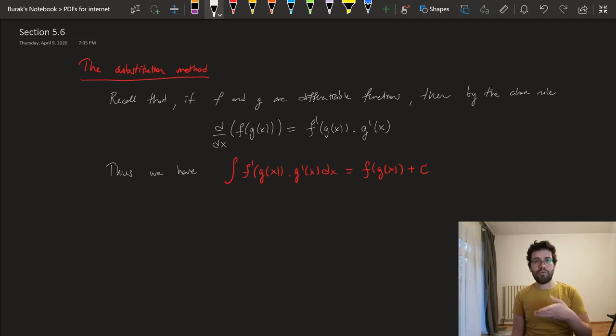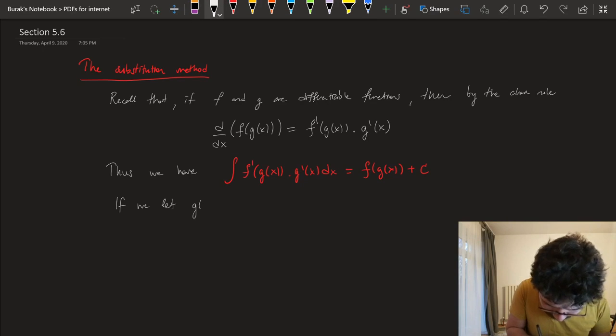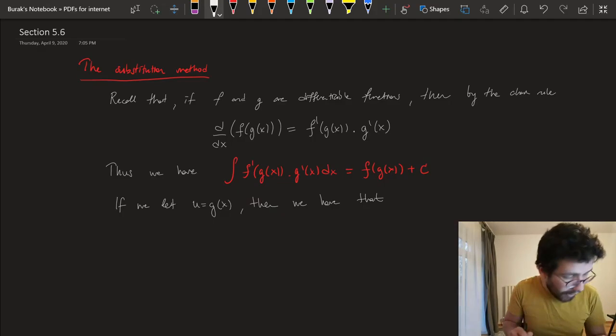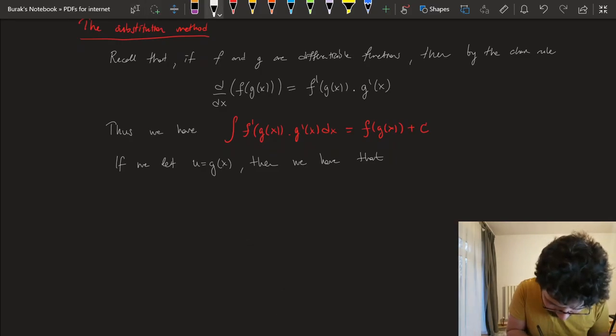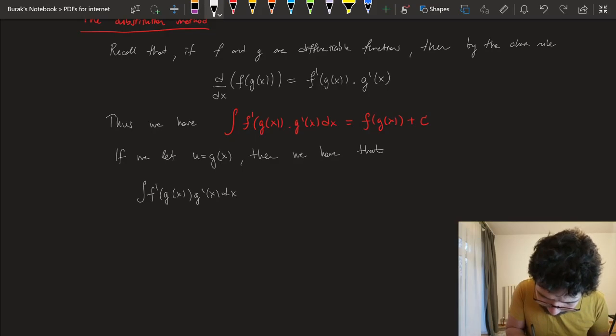Okay, so what? Why is this useful? Let's think about this. If we let u be g of x, then I'm just going to rewrite the whole indefinite integral here.